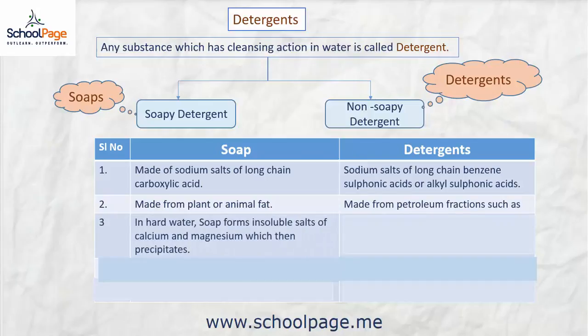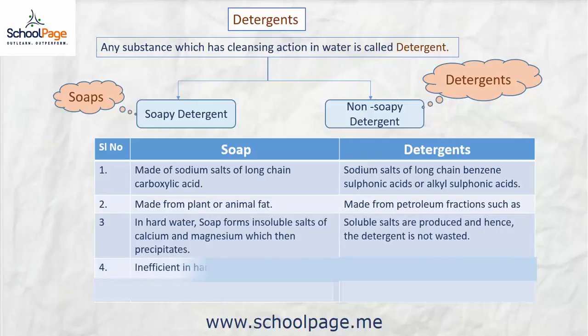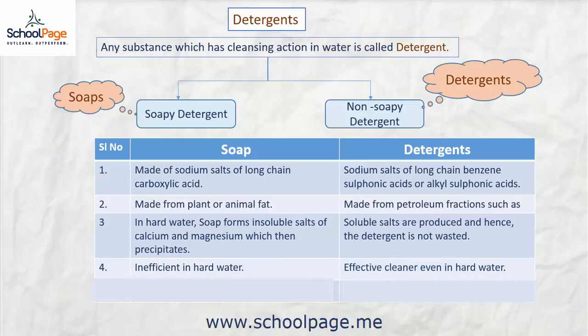In hard water, soaps form insoluble salts, whereas detergents produce soluble salts. Soaps are inefficient in hard water, whereas detergents are still efficient in hard water. Soaps are biodegradable, whereas detergents are non-biodegradable.